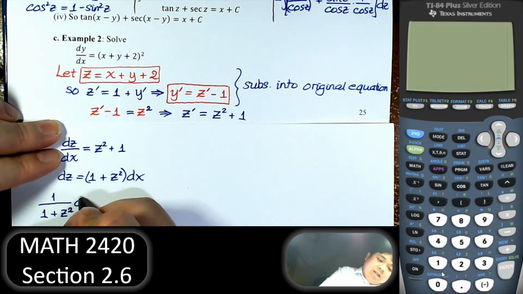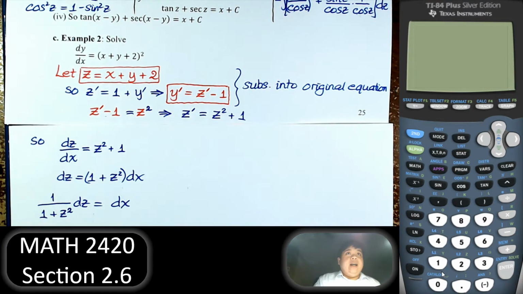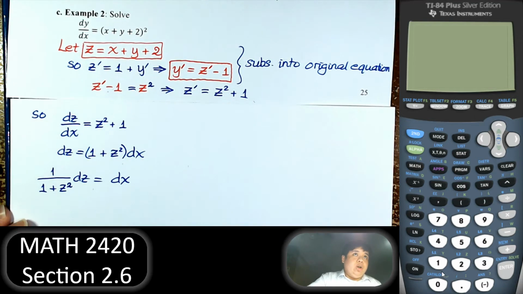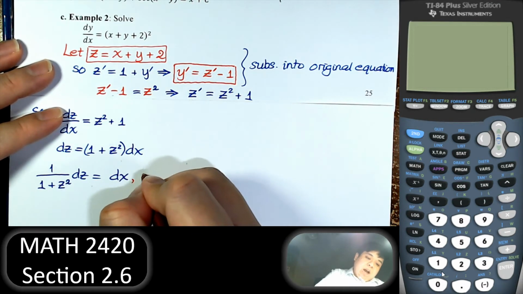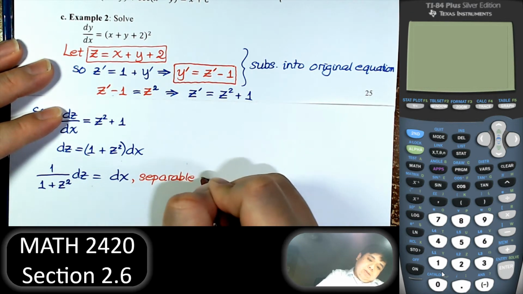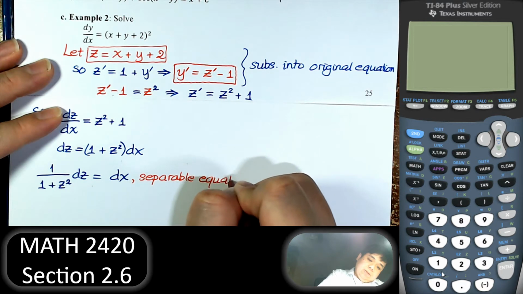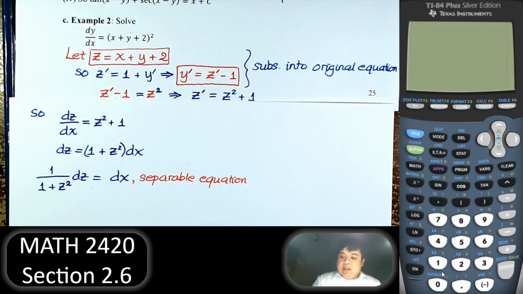So we have that, and the other side just dx. I said if we do the substitution correctly, just like the homogeneous equation, we will have a separable equation. Yeah, x and z. Now just integrate both sides.